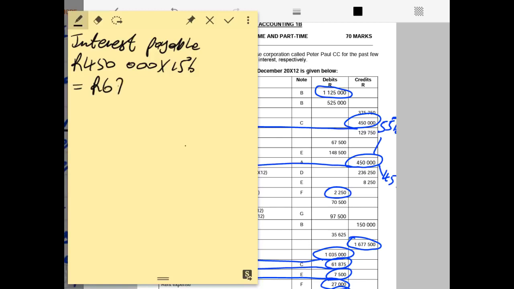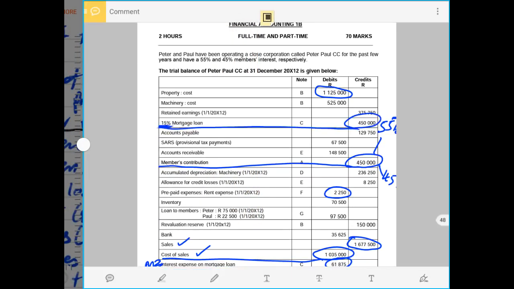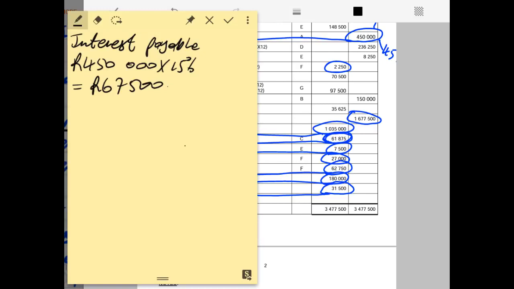So now 67,500 is the interest that was supposed to be paid. But if we see in the trial balance, an interest of 61,875 was paid. That means we paid less than what we're supposed to have paid, minus 61,875.